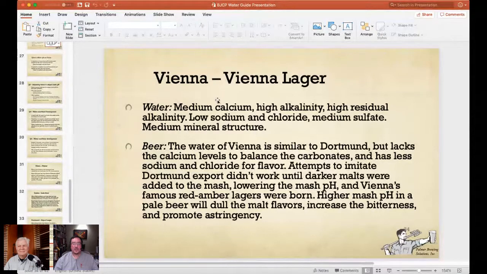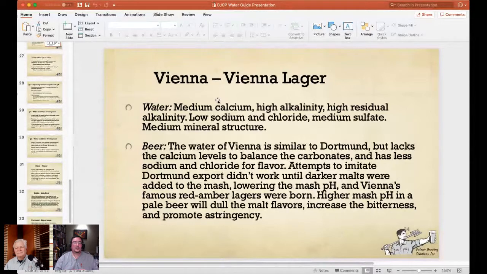All right. Well, let's talk about Vienna. Vienna's a little different. Medium calcium, high alkalinity, high residual alkalinity. Low sodium and chloride, medium sulfate, medium mineral structure. So the water of Vienna is somewhat similar to Dortmund, but it lacks the calcium levels to balance out the carbonates.